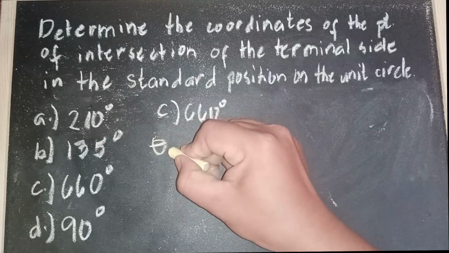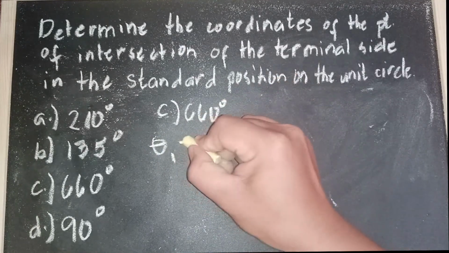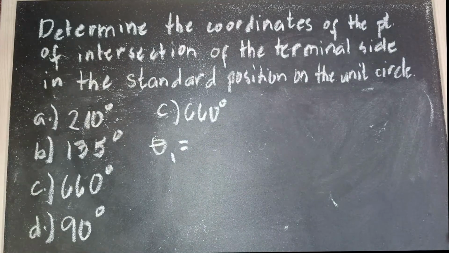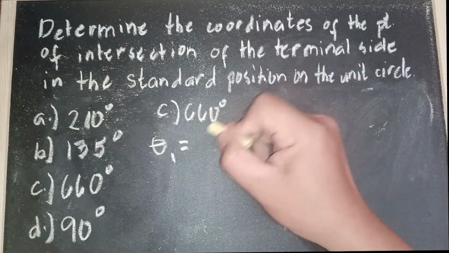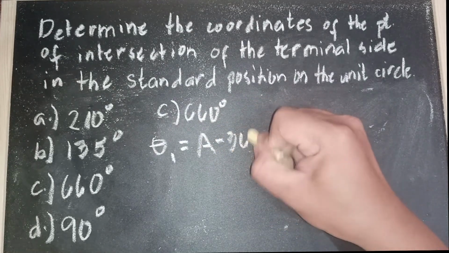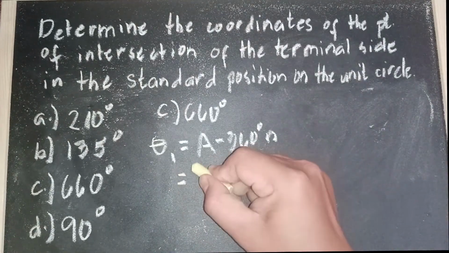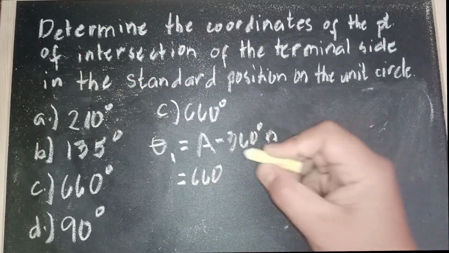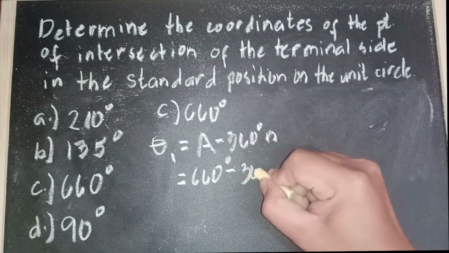Say, the smallest positive coterminal angle of 660 degrees is theta sub 1. The formula we will use, mga boss, since the given angle is positive, is A minus 360 degrees times n. So this is equal to 660, since that is the given angle, degrees, minus 360 degrees.